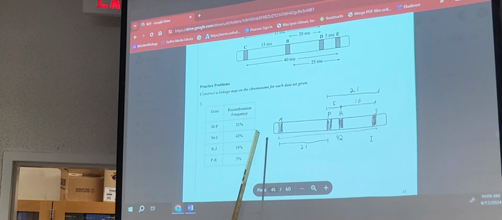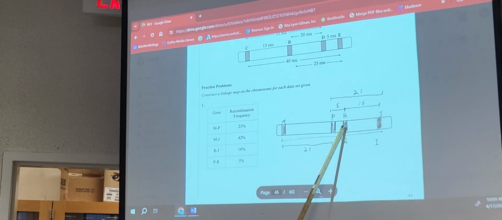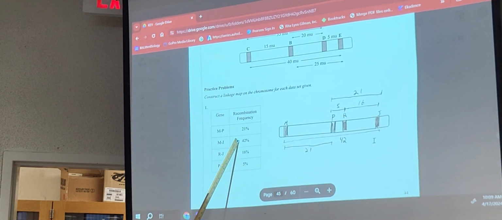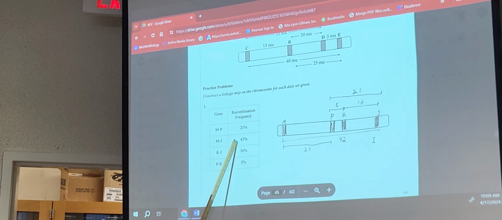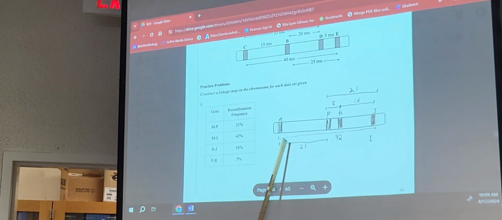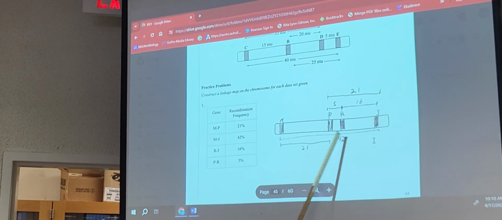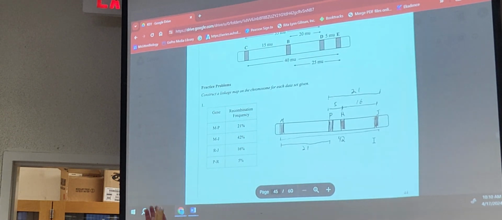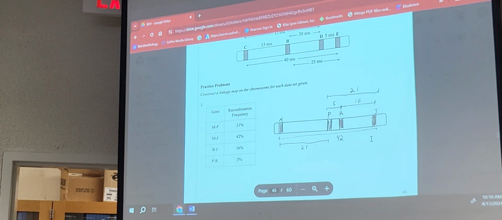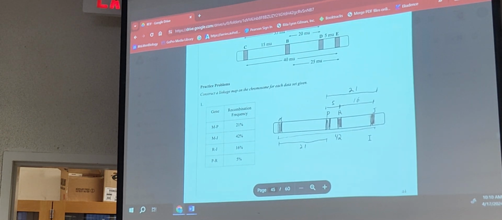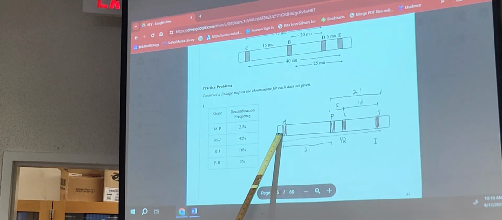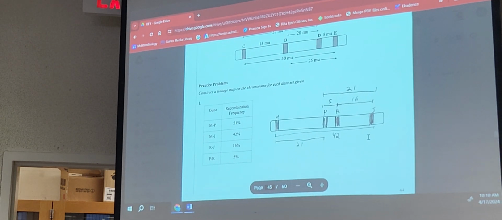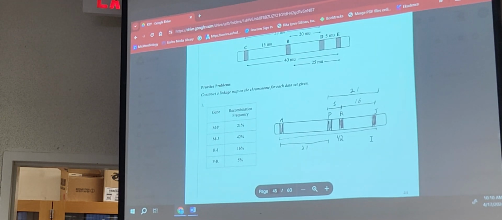So if we put R over here, we can't put P over here. Because that would be 21 plus 42, that would be 56 away. So the P cannot go on this side of the M. Does that make sense? Because it has to be at the same time 21 away from M, but only 5 away from R. That puts it in between the M and the R.